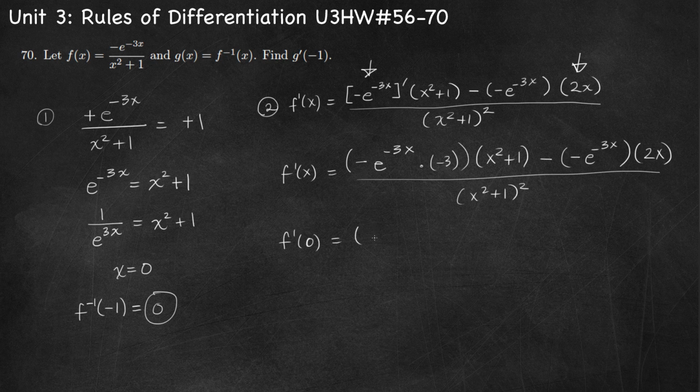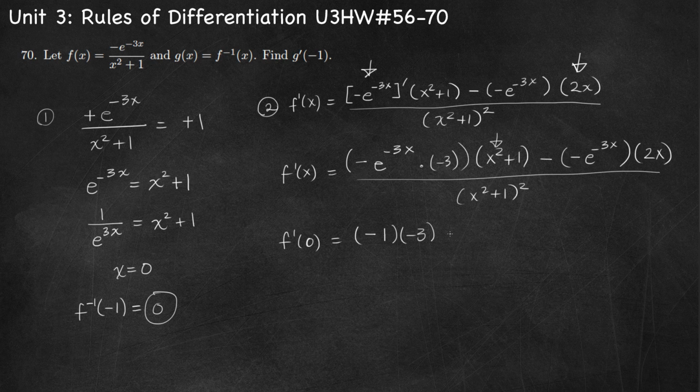So I'll have negative e to the power 0, which is negative 1, times negative 3, times, and I'm substituting 0 in for x here, so that just gives me times 1.